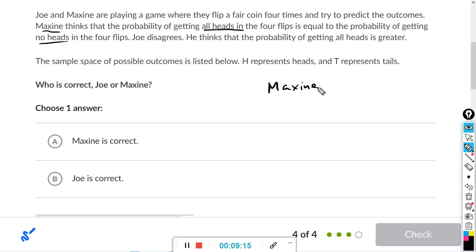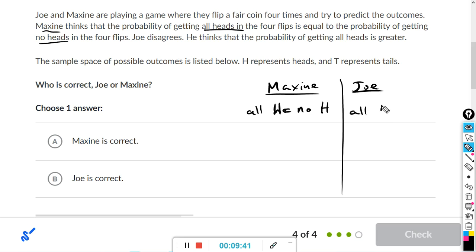All right, so for Maxine, she thinks all heads, I'll just put an H, all heads equals no heads for probability. And the other one is Joe. He thinks all heads is greater. All heads probability is greater than no heads.